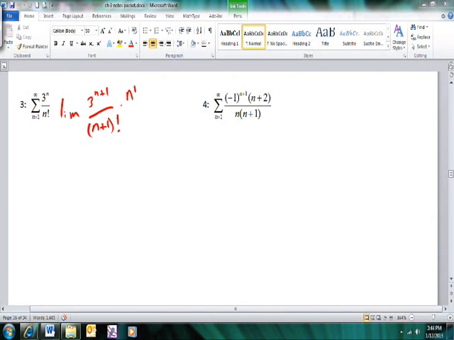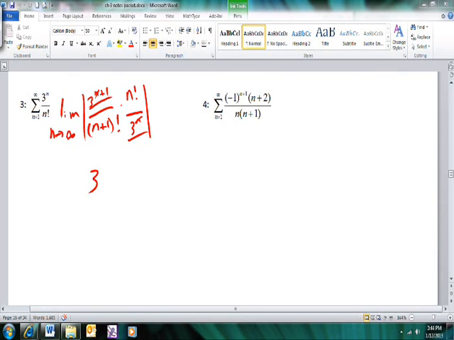So n factorial over 3 to the n. And we want to take this limit as n goes to infinity. Now, when we divide the 3 to the n plus 1 and the 3 to the n, subtracting exponents, that would be just 3. The n's basically cancel out.